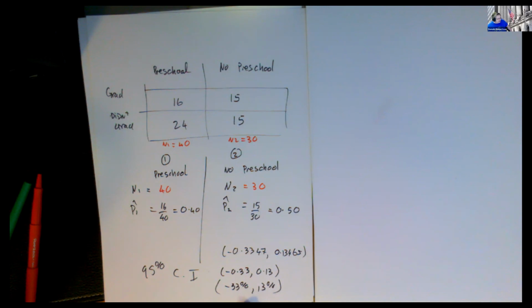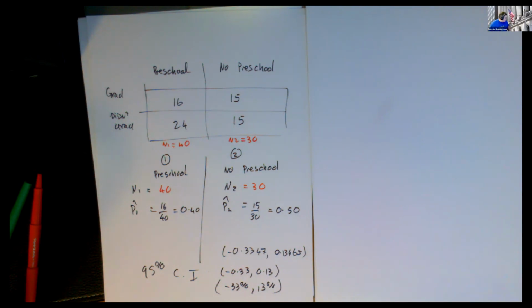So I can tell you right now that there isn't enough evidence to say one is better than the other. It probably is. I can't see preschool hurting a child. I don't think getting more education ever hurts you. But the interval is huge. Look at it, negative 33% all the way up to plus 13. It could be a huge difference either side, and 0's in the middle of that, so no good at all.